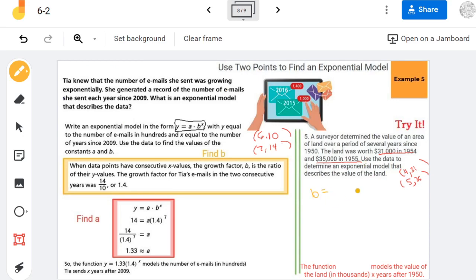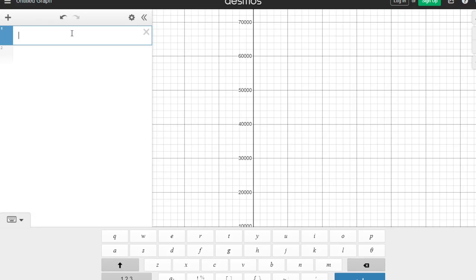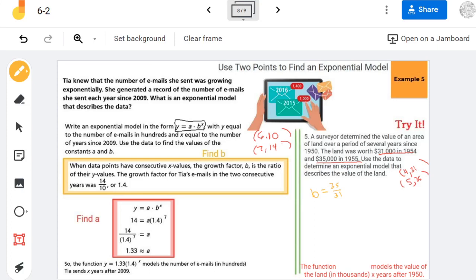So b, my growth factor, is going to be the second number divided by the first number, so 35 over 31. Now I have the feeling that's going to be kind of an ugly, not friendly number. Yeah, ugh. So I'm just going to leave it as 35 31st. Why not?